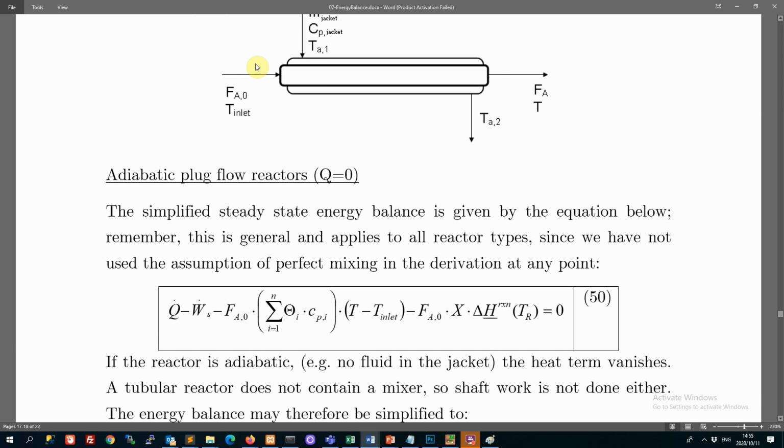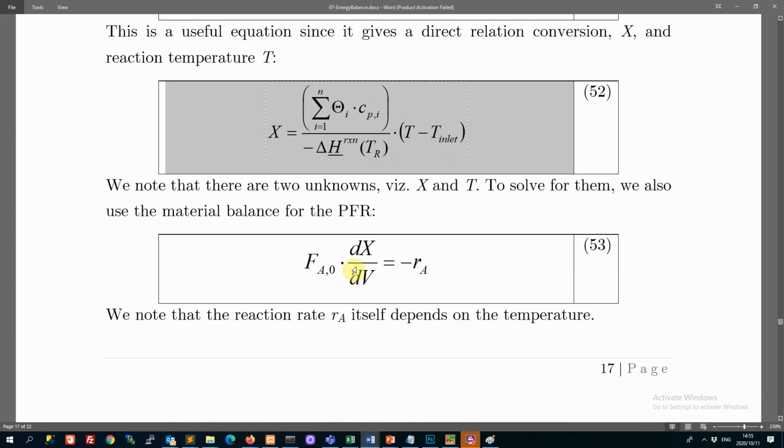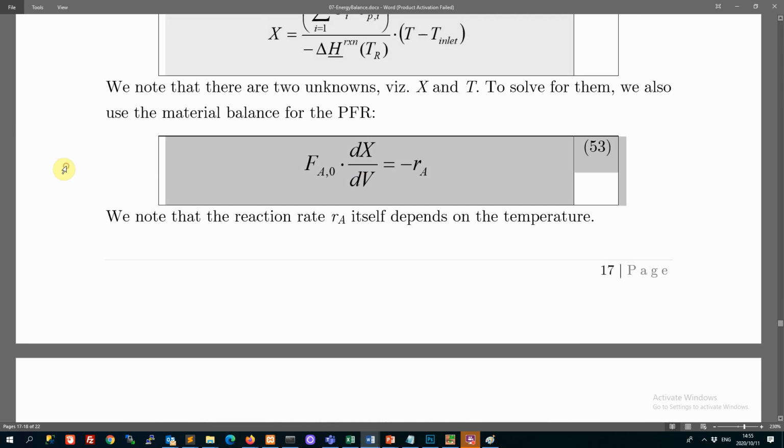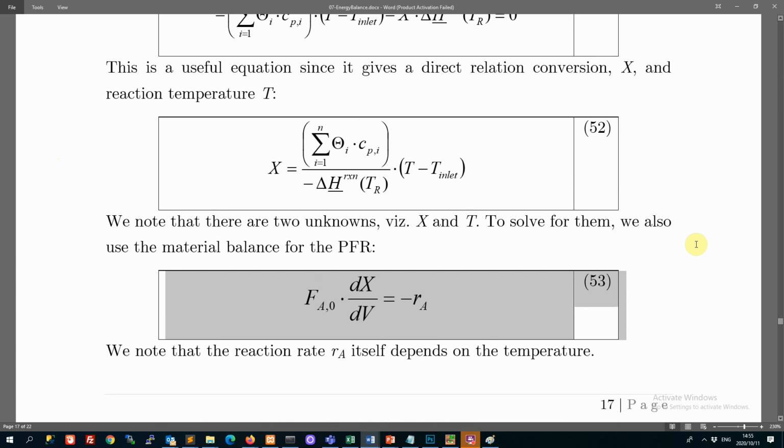if that's true, if you aren't adding heat, if it's adiabatic, the other thing you can write is the mole balance. And again, the mole balances obviously still apply. Just because we've gone and done the energy balance now, it doesn't mean that the mole balance doesn't still apply.